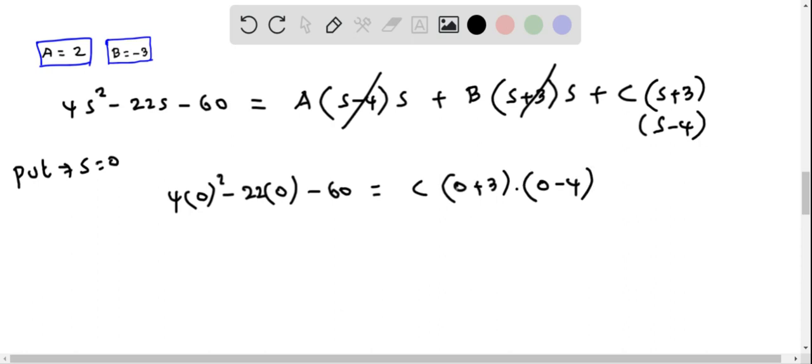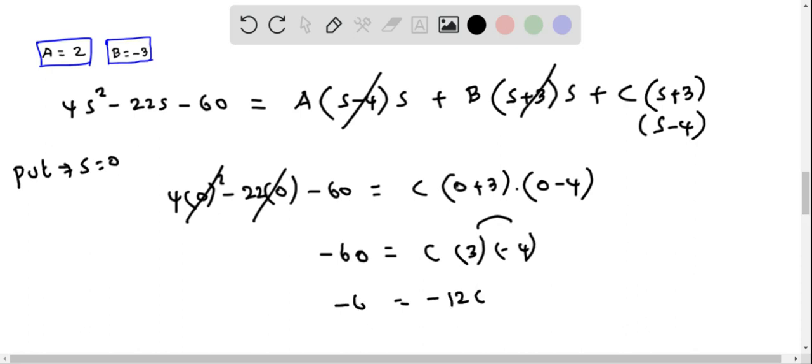So this is 0 and this is 0, negative 60, and this equals C times 3 times negative 4. 3 times negative 4 is negative 12, times C is negative 12C. So we get negative 60 equals negative 12C. This implies C equals negative 60 divided by negative 12, which equals 5. So we determined the value of C, which is 5.